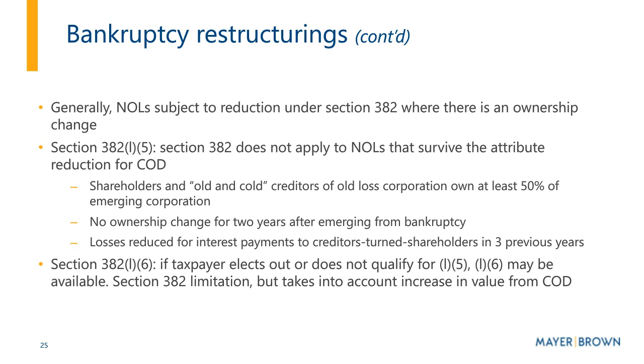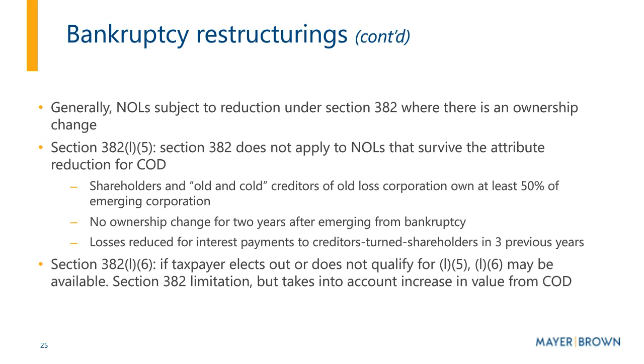There's 382(l)(5) and there's 382(l)(6). 382(l)(5) can be a very powerful provision. It essentially allows the corporation to continue using its NOLs as if there's not been an ownership change, but you've got to meet certain requirements, which essentially is that former shareholders and old and cold creditors of the company with the NOLs have to end up with at least 50% of the company coming out of bankruptcy.